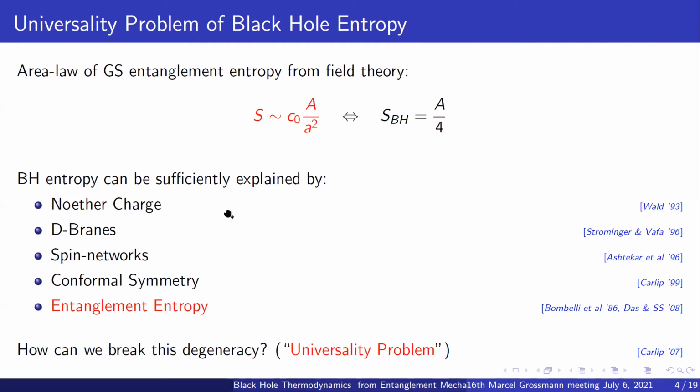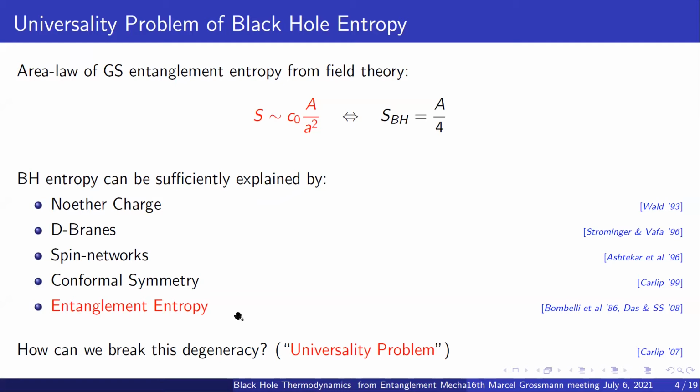So there seems to be a problem where Bekenstein-Hawking entropy can no longer distinguish between a large number of theories. This problem is what is known as the universality problem of black hole entropy, as Carlip would put it.